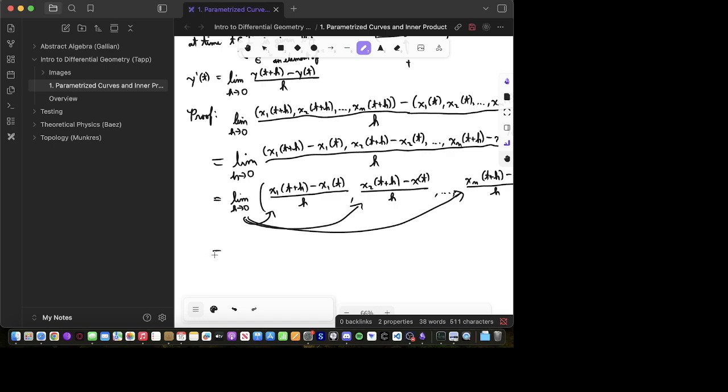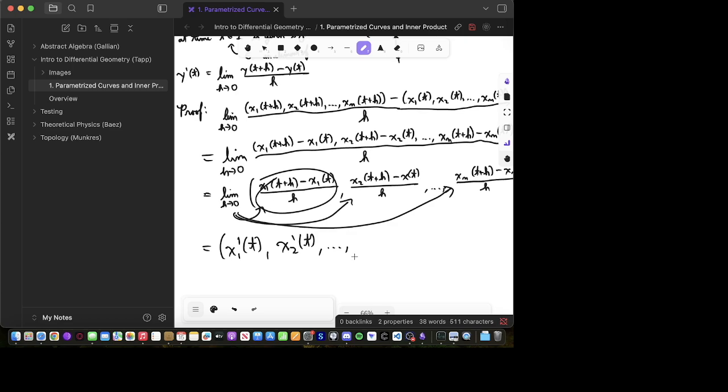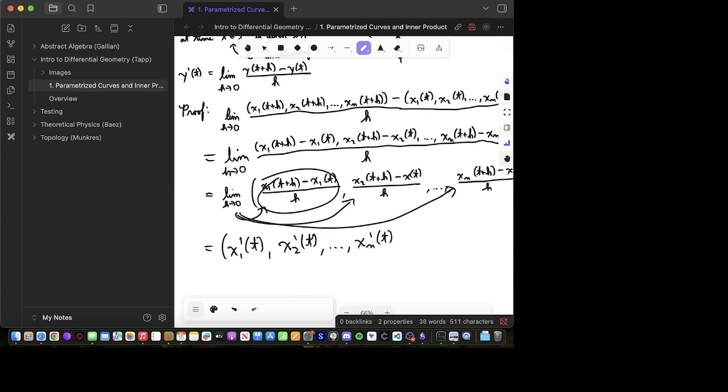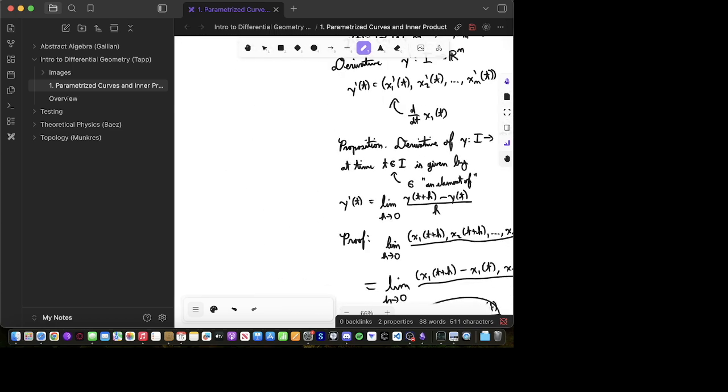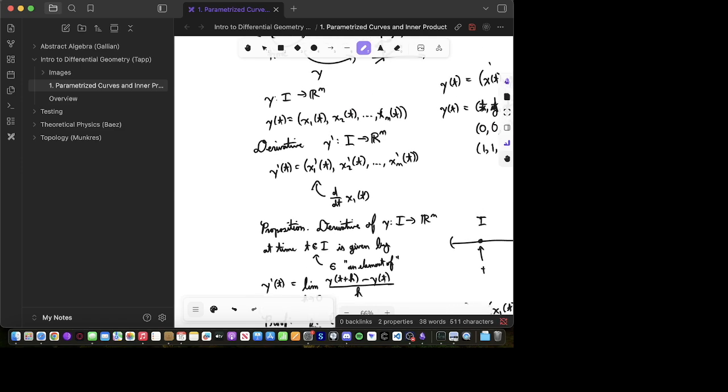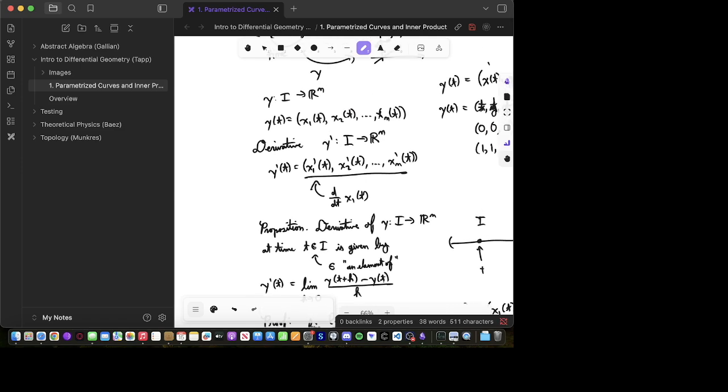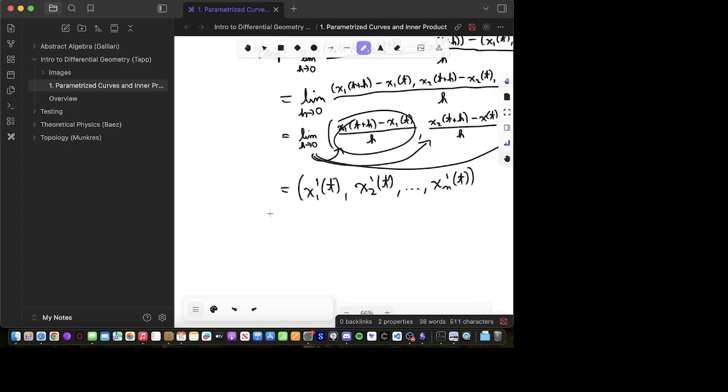That is, we can represent this as x1 prime of t, x2 prime of t, and so on, because this is the definition of the derivative.